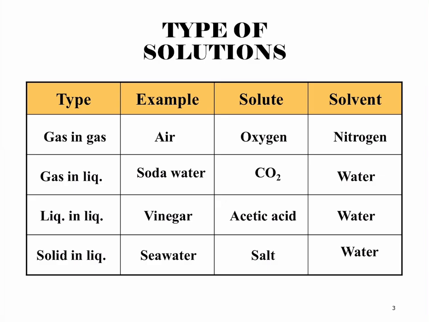We can have gas in liquid, like a soda bottle. That's what makes it fizzy: carbon dioxide gas molecules dissolved in the water. You can have liquid-liquid mixtures, like vinegar, which is acetic acid and water. And you can also have solids dissolved, like sugar in coffee, or salt in water. So these can be any state of matter.